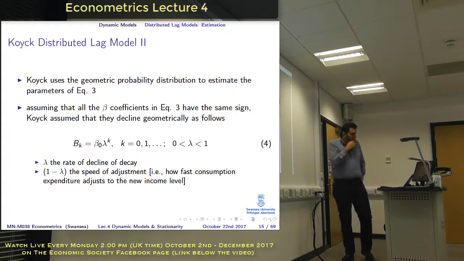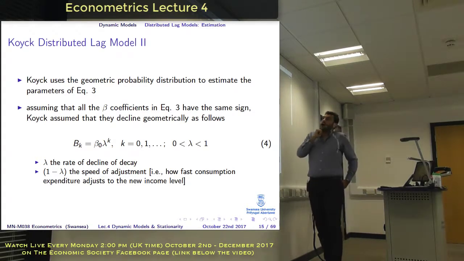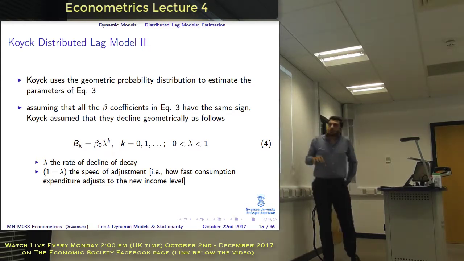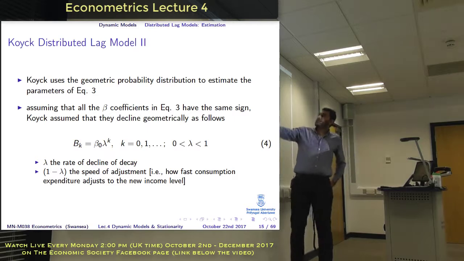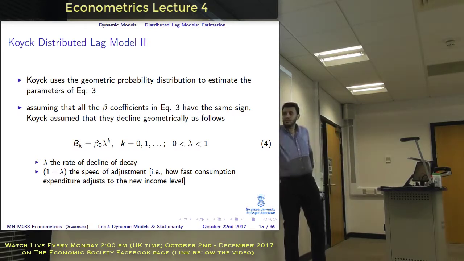It assumes that all beta coefficients in equation 3 have the same sign, and that they decline geometrically following this formula: beta k equals beta 0 times lambda raised to the power of k.